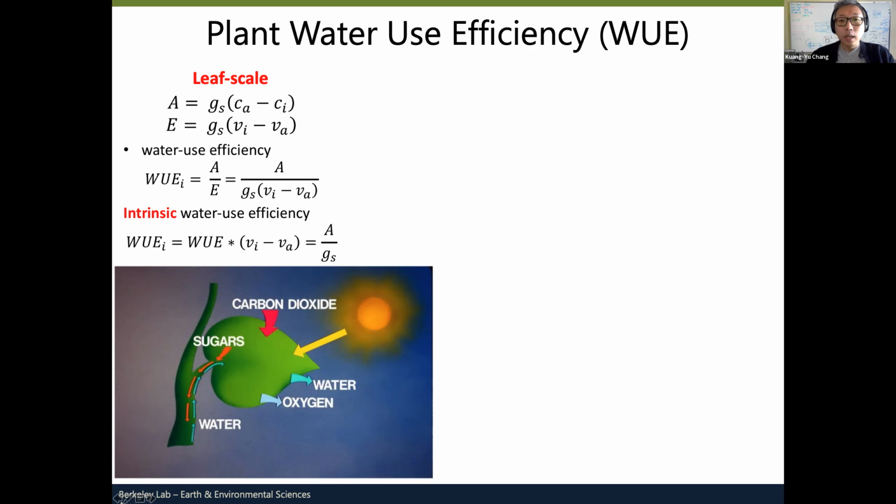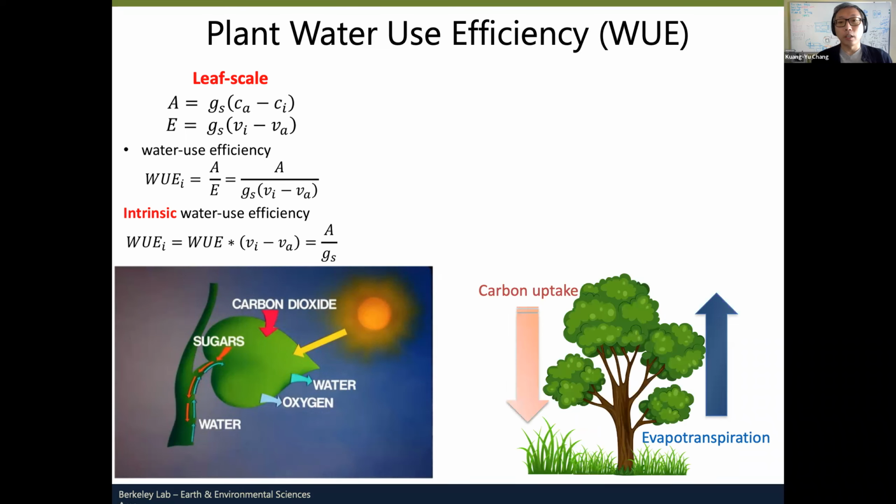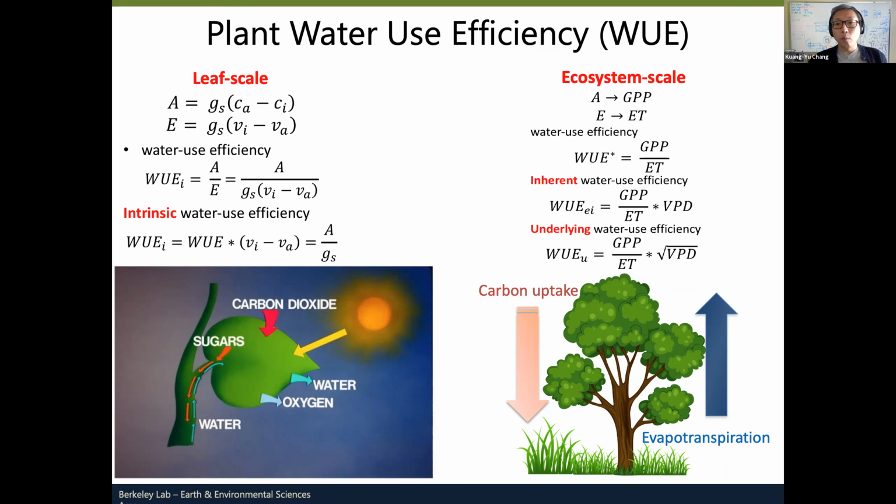When these water carbon exchange processes are scaled up from individual leaves to the ecosystem scale, those fluxes contribute to the gross primary productivity (GPP) and the evapotranspiration (ET) terms modeled by terrestrial ecosystem models or observed by eddy covariance measurements. There are multiple water use efficiency metrics to quantify ecosystem scale water carbon interactions.